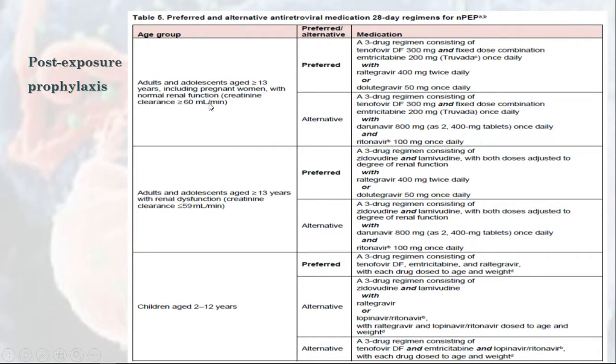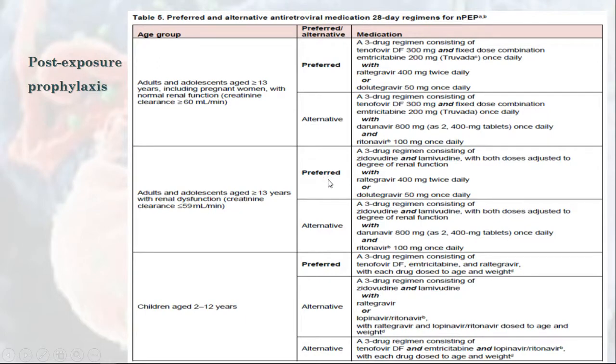So the first one that I mentioned is actually for adolescents and adults 13 years of age or older, including pregnant women with normal renal function. So with someone with a decreased renal function or renal dysfunction, they're actually going to change up the dosages a little bit.